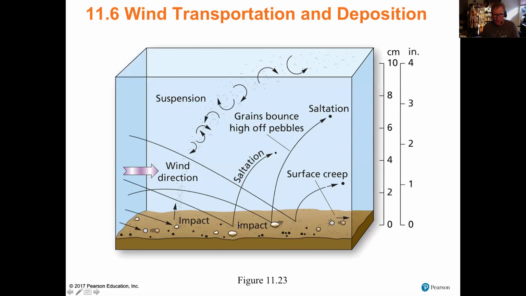Here's the wind direction, saltation, the particles lifted up and bounce down, and then surface creep, where it slides along the surface, but it's all moving, okay? And then you also have very fine grains that are suspended in the air, just like you did with water. And so when these come back down and hit the ground, they throw up little particles of sand that get caught in the wind, suspended in the wind, and move on.